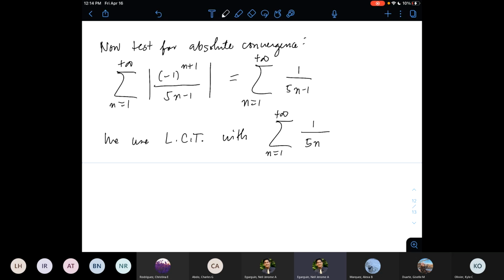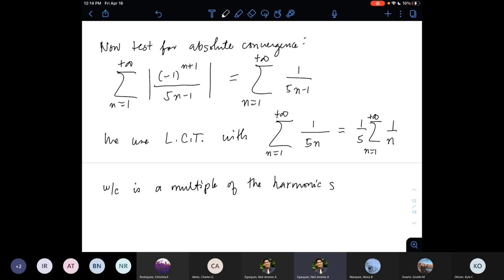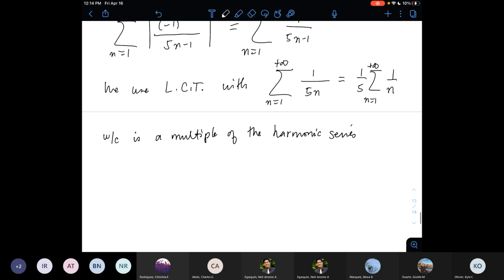So essentially, this is the long-term behavior of our given series, but you can rewrite this as 1/5 times the sum of 1 over n as n goes from 1 to infinity, which is a multiple of the harmonic series. Thus making it divergent. So here the testing series is divergent, right?